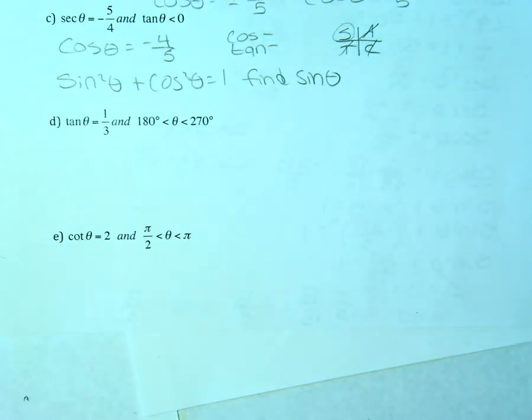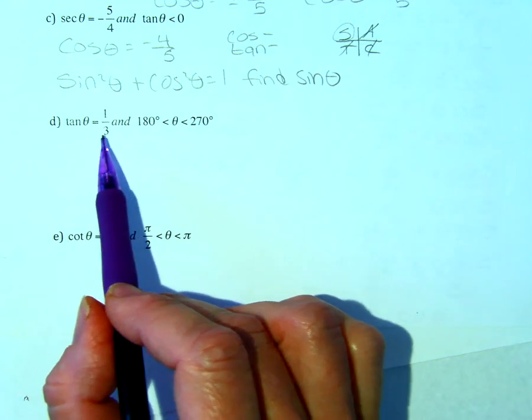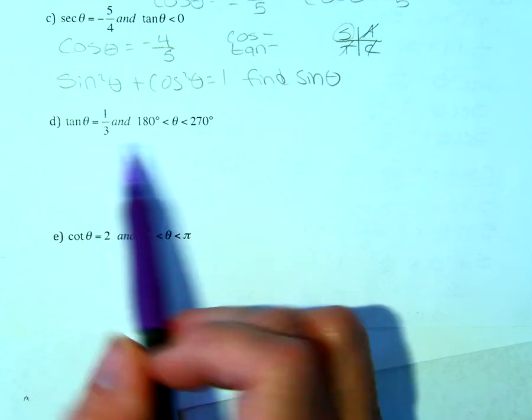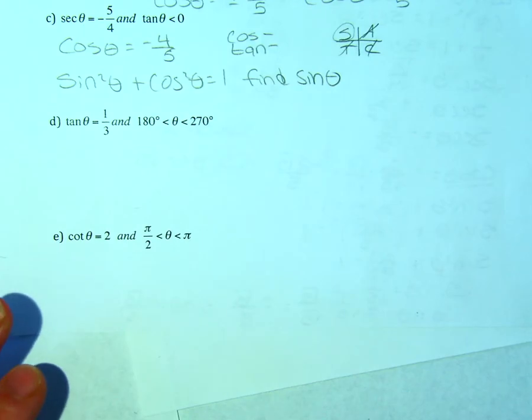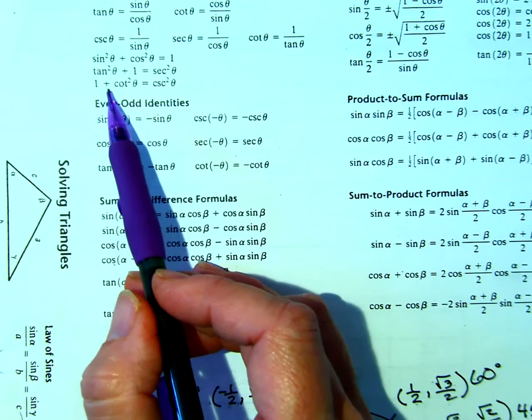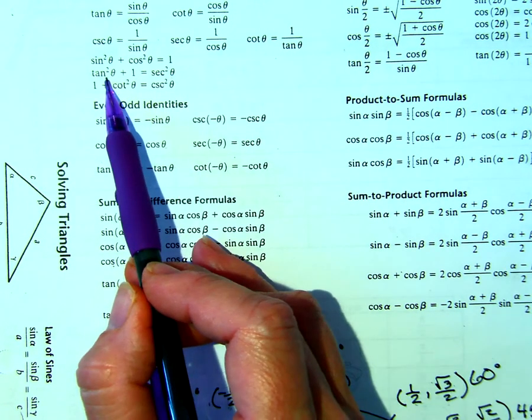Taking a look at letter D, this is very similar to the one we did on the front, where you're given tangent. Well, cotangent isn't going to help me get sine or cosine anymore. I need to go back to that formula we used a few minutes ago, the one that has the tangent squared in it, right here. Tangent squared theta plus 1 equals secant squared theta. Plug in for tangent, solve for secant.